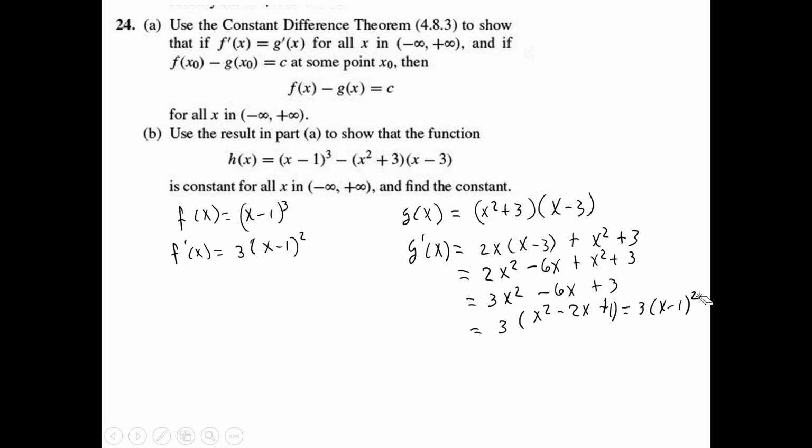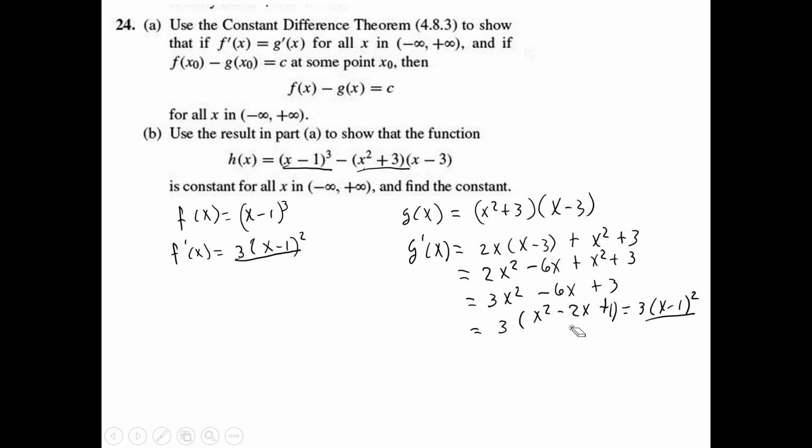So it says use the result in part A to show that the function is constant for all x, and find the constant, right? And so what I've just done is shown that they have the same derivative. This was my f, this was my g, and I found that they have the same derivative. Okay.